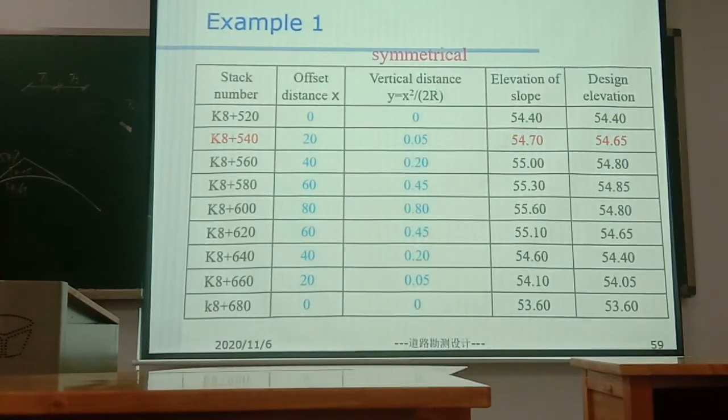How to get this? This is the start point. This is the end point. How to get the elevation of the start point? Use this, the elevation of this is low.